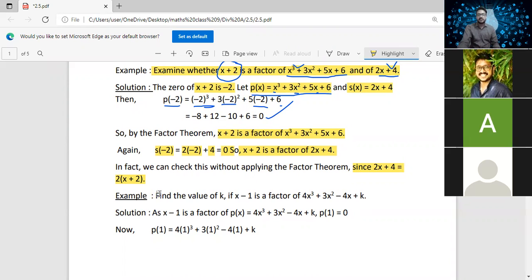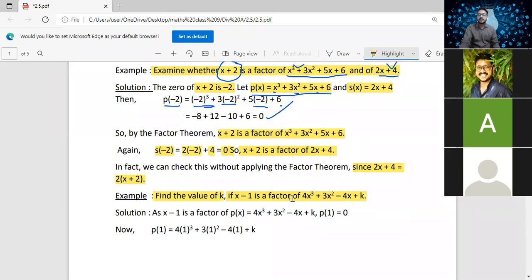Here you are asked to find the value of k if the condition is given. If x minus 1 is a factor of the given polynomial 4x cubed plus 3x squared minus 4x plus k. Here k is a constant.